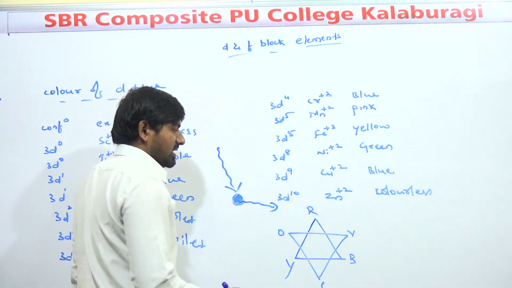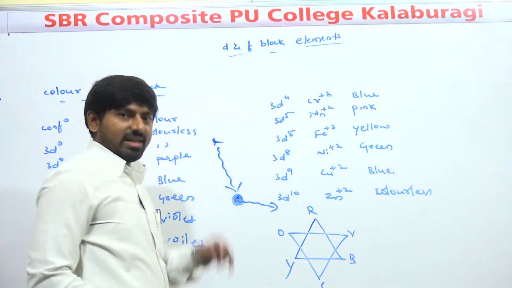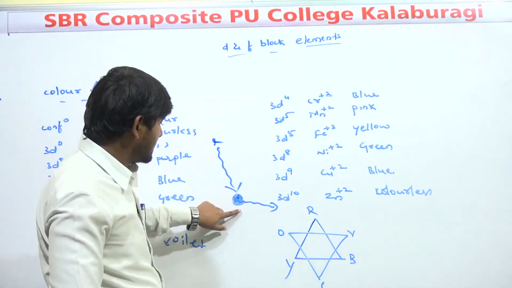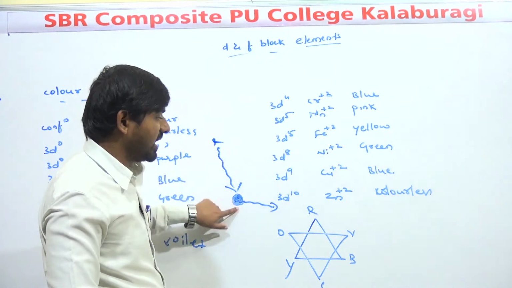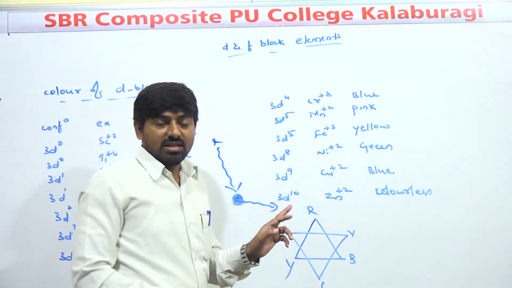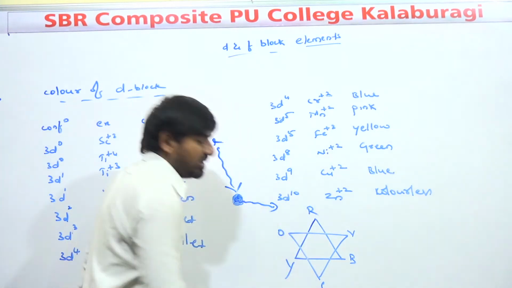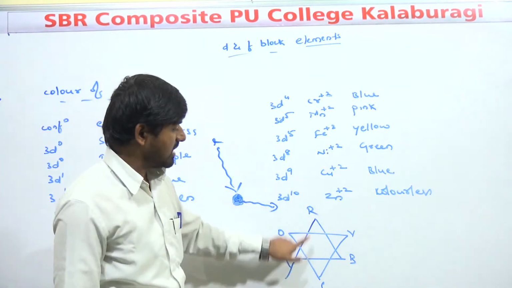Now consider this substance is absorbing red light. When this substance absorbs red light, then the observed, the transmitted, the complementary color will be exactly opposite to that. Have a look at this diagram.